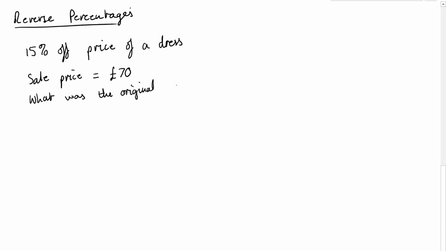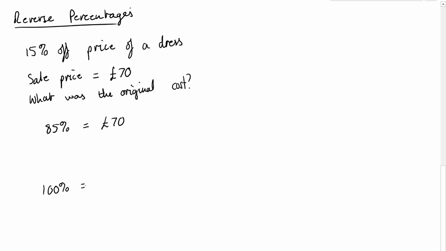So what we know is if we originally started with 100% of this value, then once we've taken the 15% off, we're left with 85%, and that's what the sale price is. So the sale price is actually 85% of the original price. And our job is to try and figure out what is 100% if this is 85%.